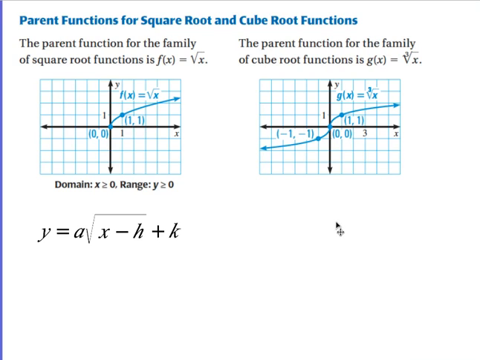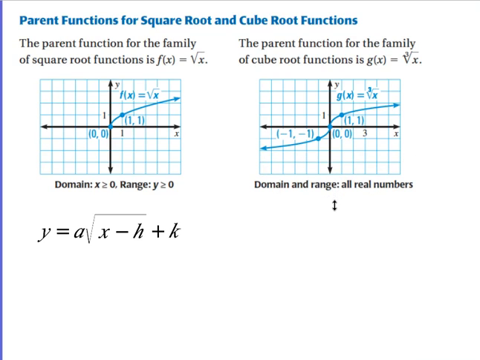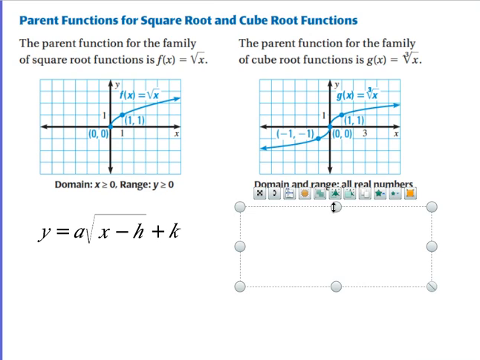Okay, same thing with the cube root function. The domain and range for the cube root function is all real numbers. So if we have all real numbers, as you can see, as x goes from left to right, so from negative infinity to positive infinity, we do not have any breaks in the graph.